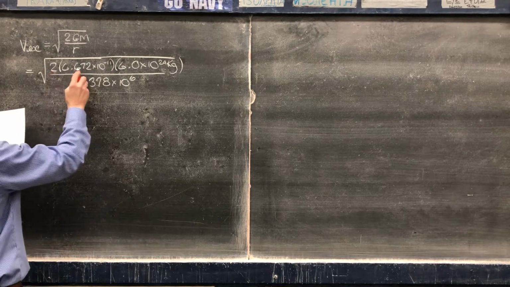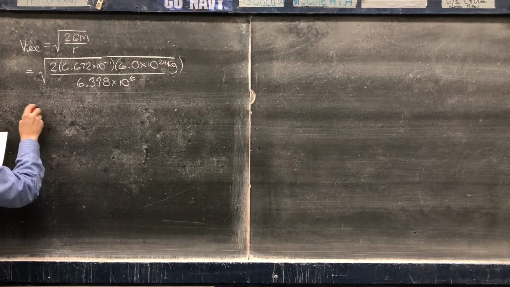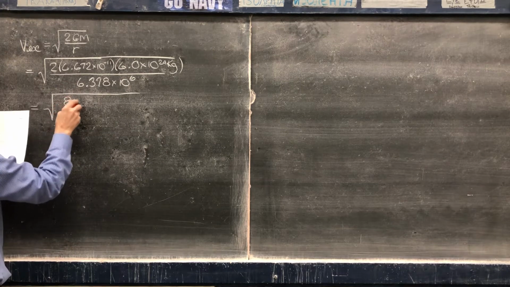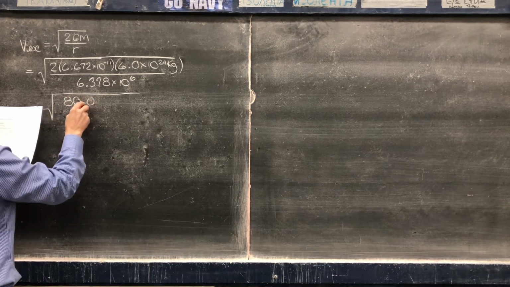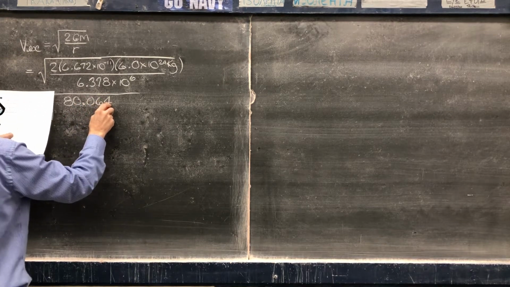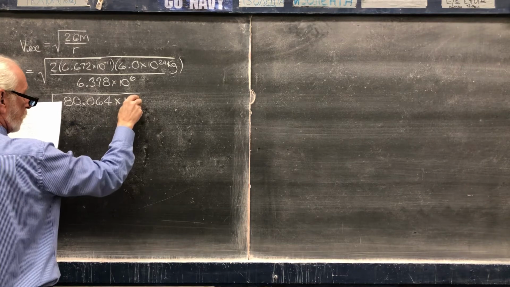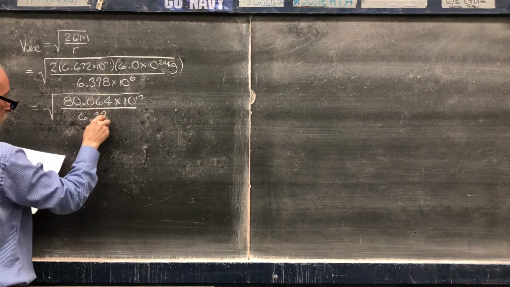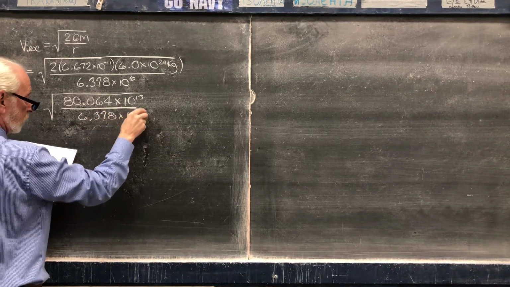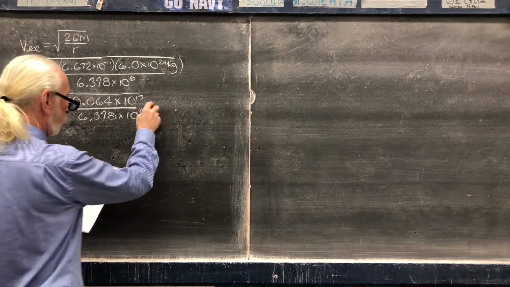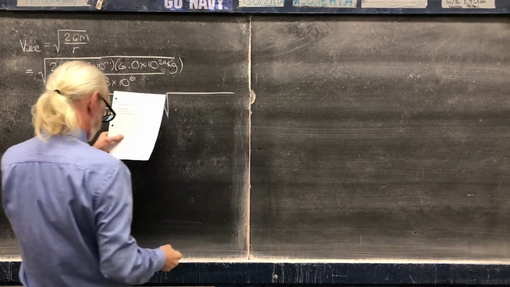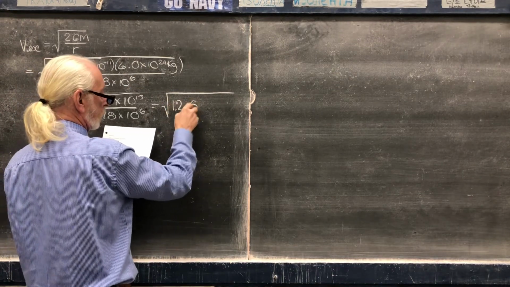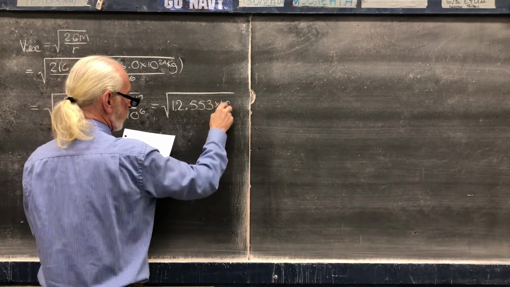So we go 2 times 6.672 times 6, and we get 80.064 times 10 to the 13th over 6.378 times 10 to the 6th, and that equals 12.553 times 10 to the 7th.